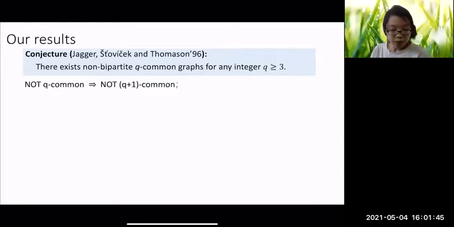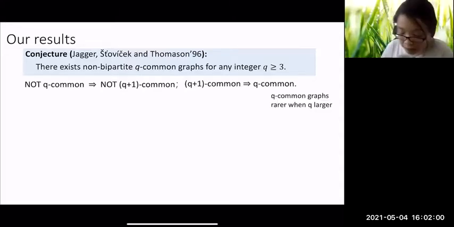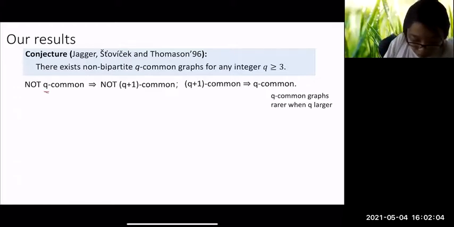Now let's try to get some feeling for graphs which are q-common. We can see that if a graph is not q-common, then it is not (q+1)-common. This is because if a graph is (q+1)-common, then it is q-common. So suppose a graph H is (q+1)-common. Then we can compute the sum of t(H,W_i) where we have q graphons.